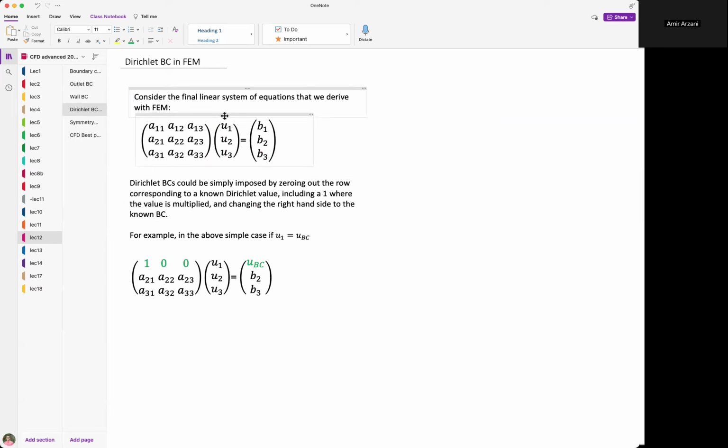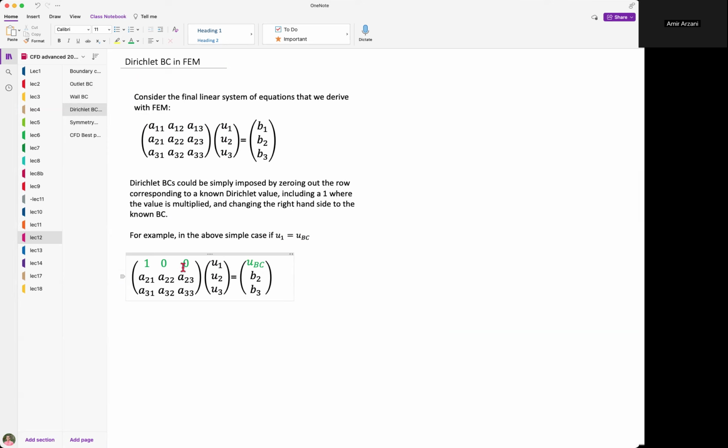So, for example, in this simple example, I know the value of U1, so node 1 is on a Dirichlet boundary, and if that value is equal to UBC, what I do is simply zero out the row that corresponds to U1. So in this case, the first row. Basically, I set all the entries that are going to get multiplied by U2 and U3 to 0.